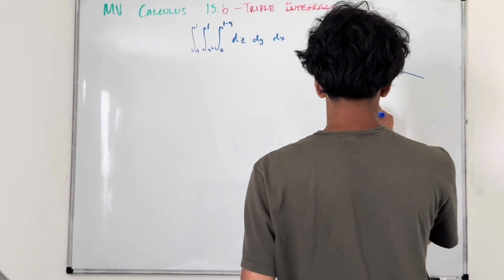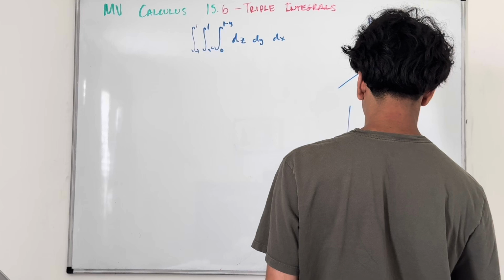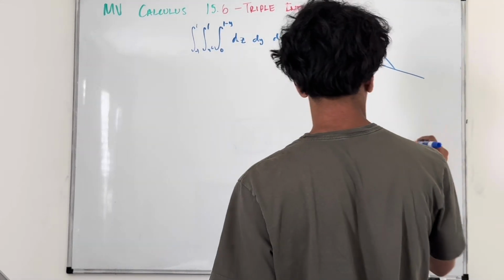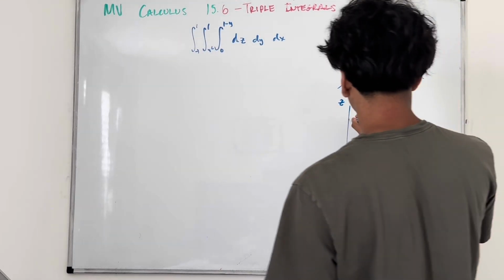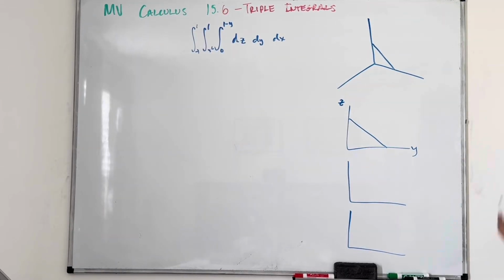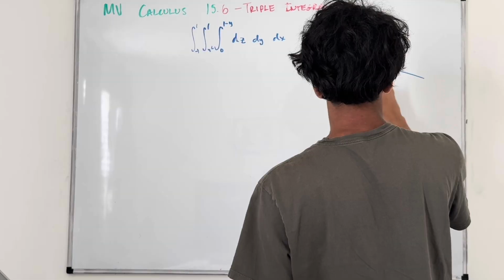I'm actually going to draw 3 graphs, and you'll see in a second what they represent. If I were to graph z to y in this 2D rectangular coordinate system, I get this line 1 minus y with the y-intercept 1 and slope negative 1. If I were to extend this to a plane, I would get something kind of like this.